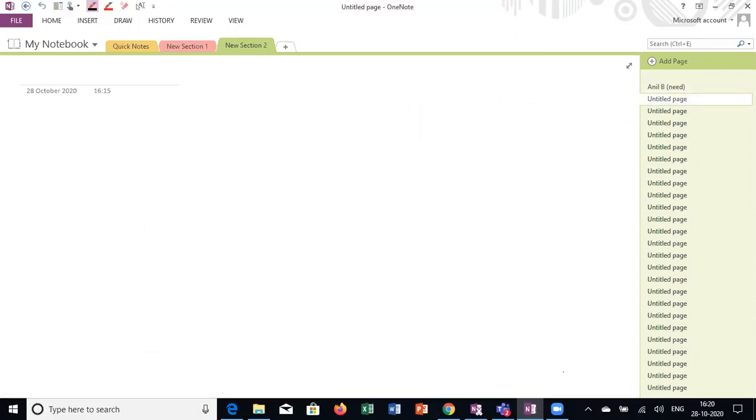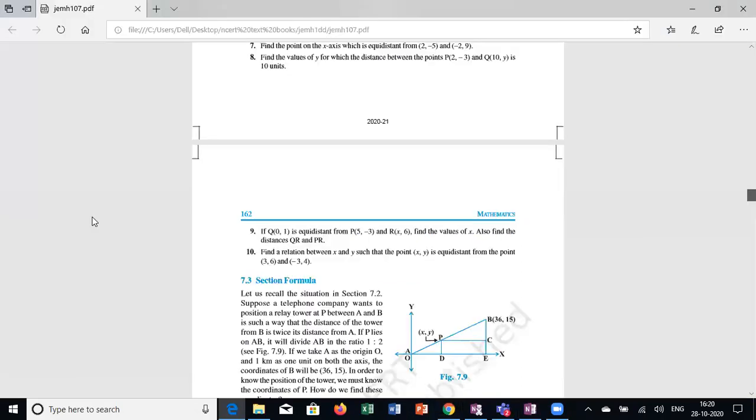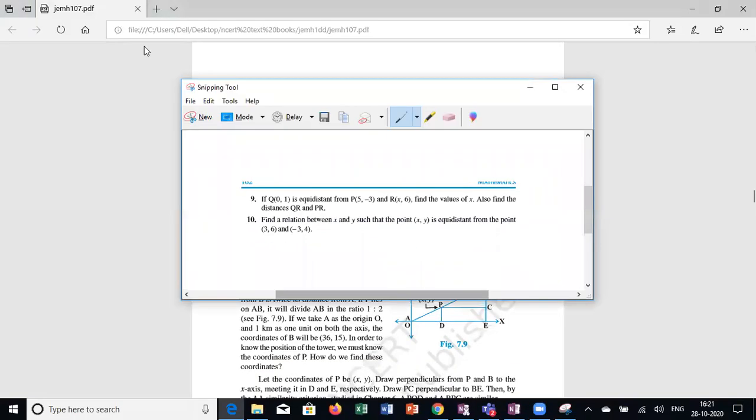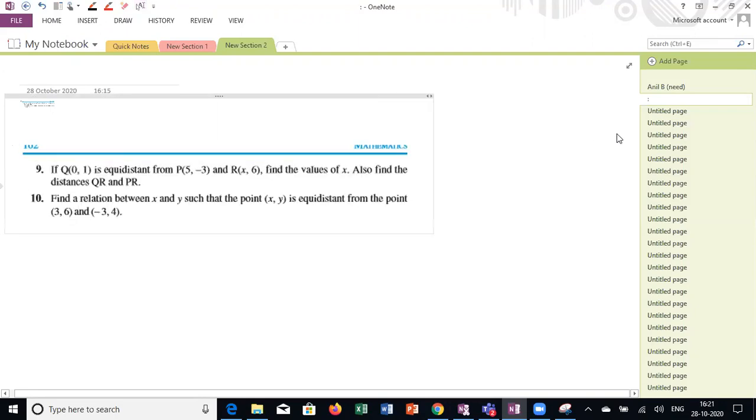We'll do one numerical, then we'll jump to the section formula. All these two questions, we'll move to the next one.